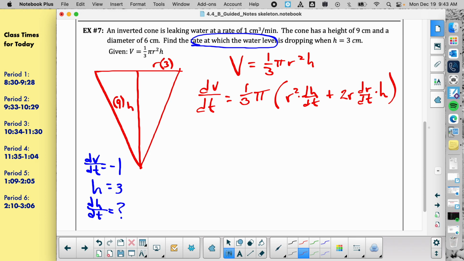Now, if you want to set up a proportion, you still get the same thing.